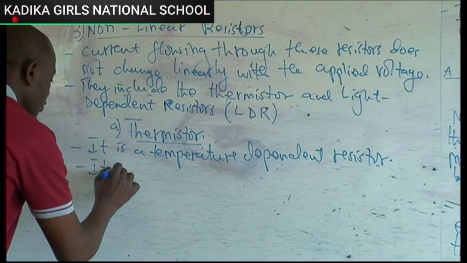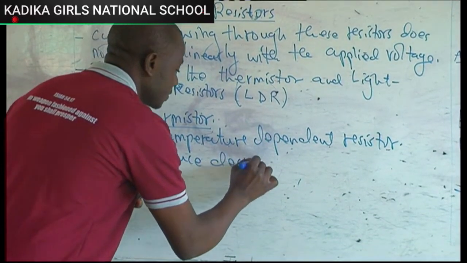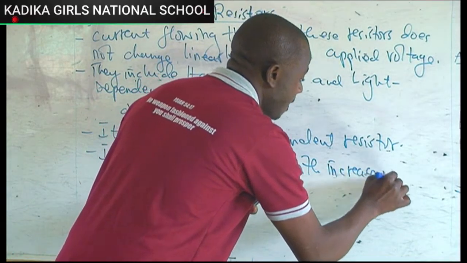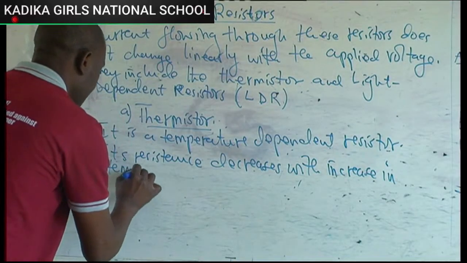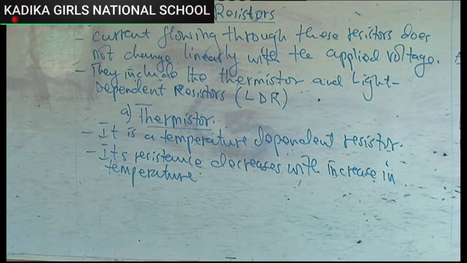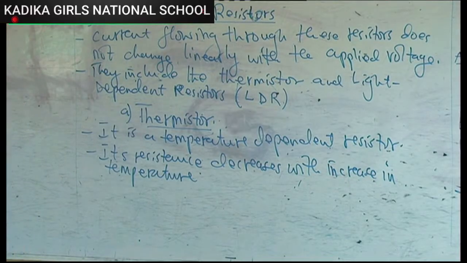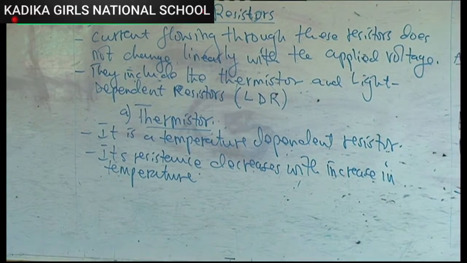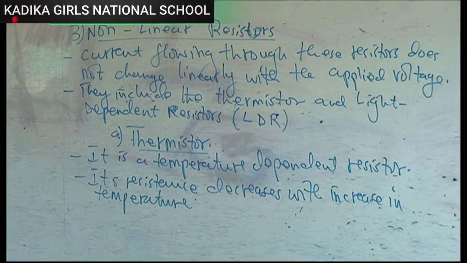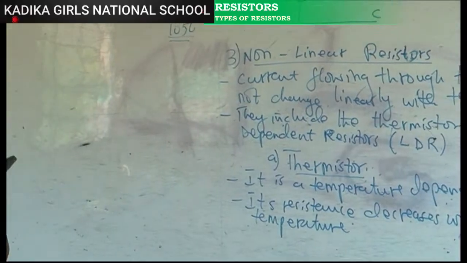That's another thing that you need to know. It means that as the temperature for this thermistor increases, the resistance for that particular resistor will decrease. So they are nonlinear. As temperature is increasing, the resistance will be decreasing. That is what you need to know.